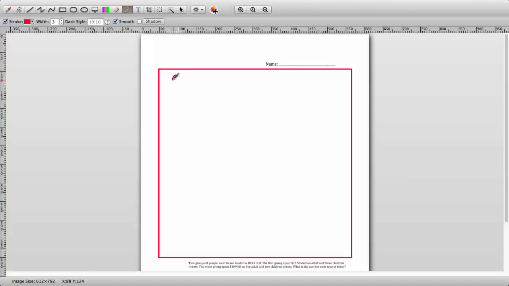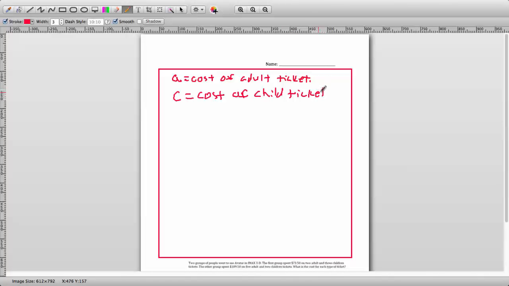Let A be the cost of an adult ticket and C be the cost of a child ticket. Again, we know we're looking for cost of.